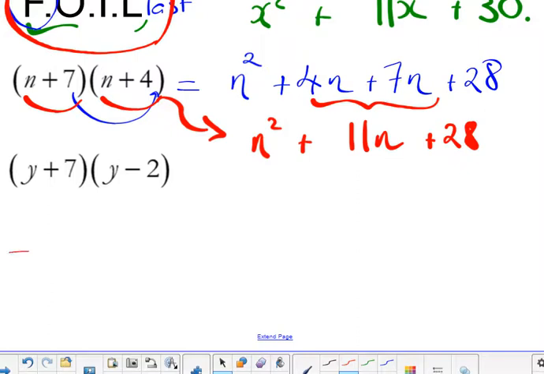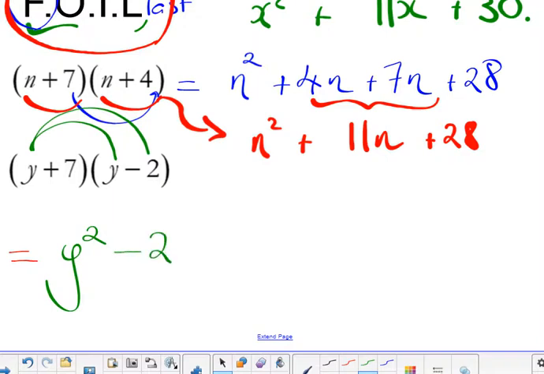Now, let's use our FOIL method here. We're going to begin with the first two terms, y times y, and how can we shorten that? Y squared, isn't it? What's the next one we've got? We've got the O in our FOIL, which is the outside, and we've got negative 2 times y. So because of that subtraction, we'll write it as minus 2y.